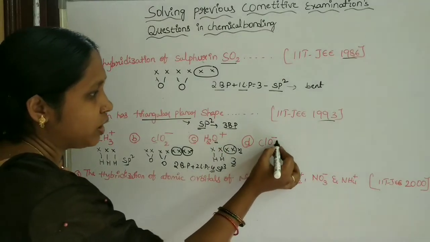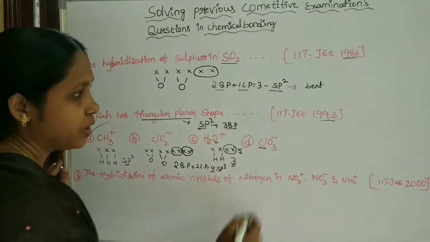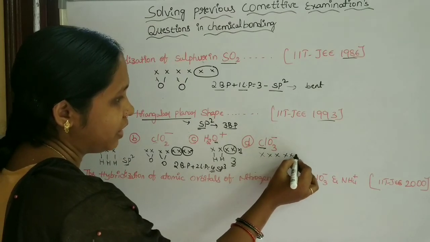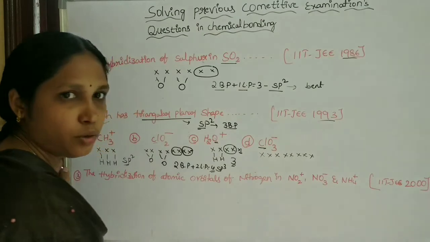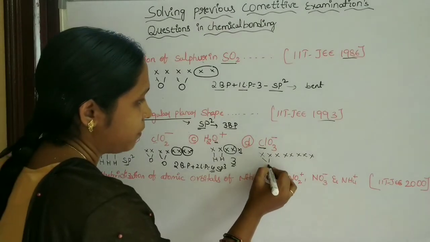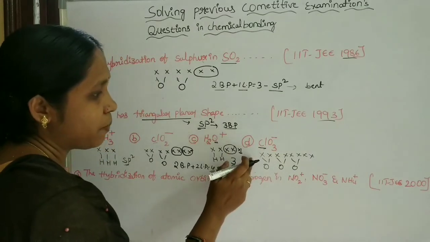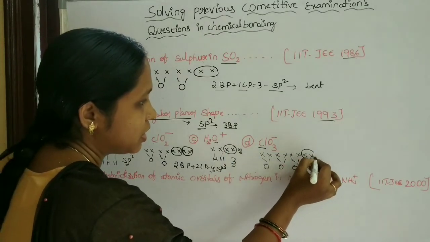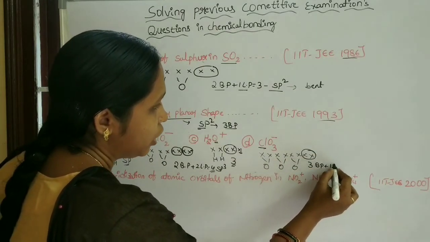And ClO3 minus: here chlorine is the central atom. It is a 7th A group element, so it has 7 electrons and carrying minus charge, add 1 more electron. The 3 oxygens combine with 2 single electrons each, so the molecule has 3 bond pairs and 1 lone pair.